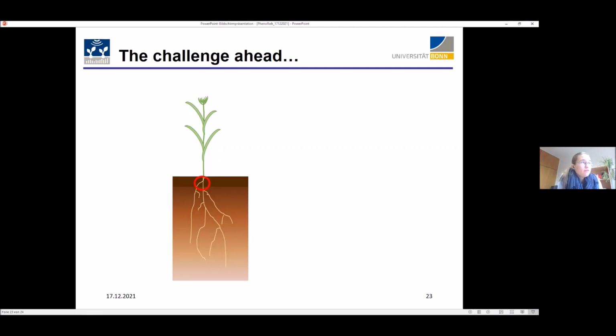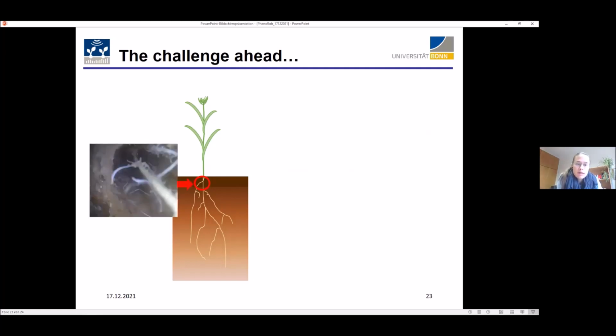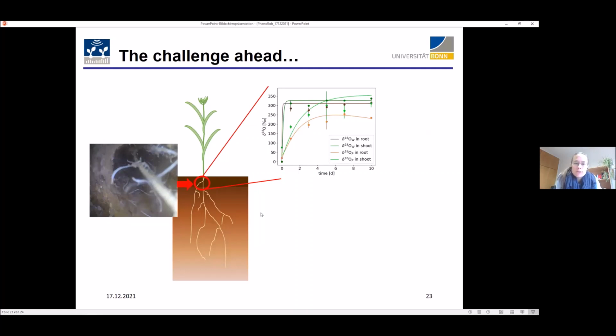Now, what we're also doing in PhenoRob and in CP3, what I didn't show because of the time constraints that we have, is we're testing the use of endoscopy for a targeted inspection and a targeted sampling of the root system. So if by that targeted sampling we would analyze the upper part of the root system that somehow contains all of the information about phosphorus uptake in lower parts of the root system as well, we can analyze those samples again for the isotopic signatures, similar to what we did in the pot experiment in the greenhouse.